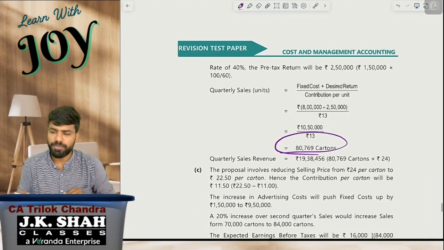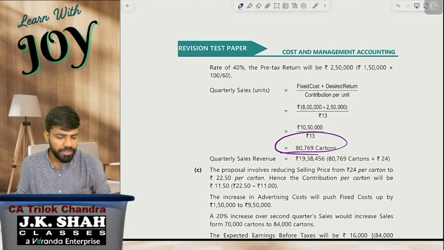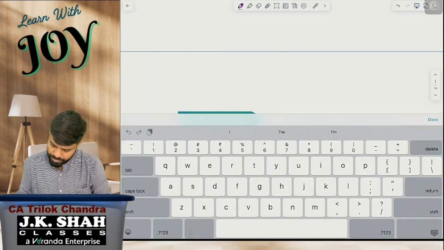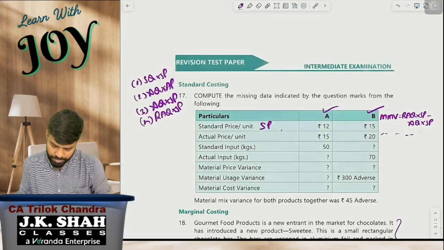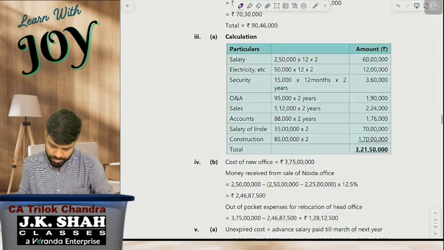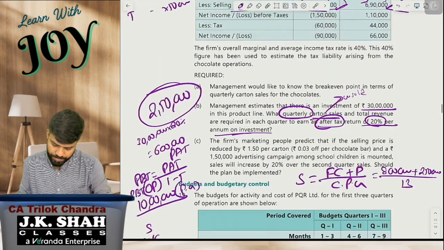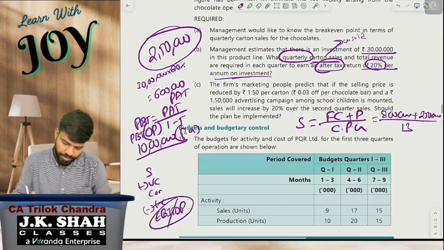Okay. Now, look into requirement 3. What is requirement 3? Look here.